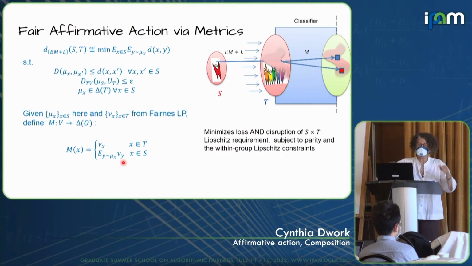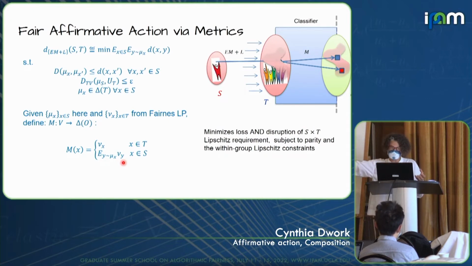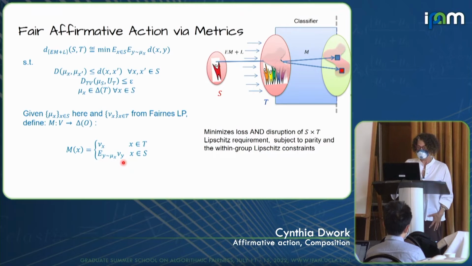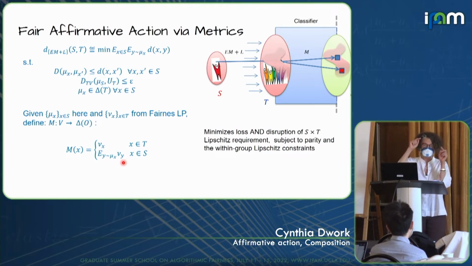It is not strictly adhering to those requirements, but the formulation of the earth mover distance that we use discourages long distance hauling, at least for large amounts of mass. And it's also giving us the parity constraints because we're taking uniform to uniform. And finally, it is maintaining the within group Lipschitz constraints.